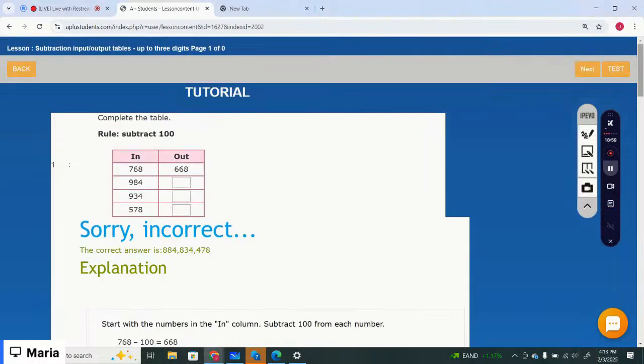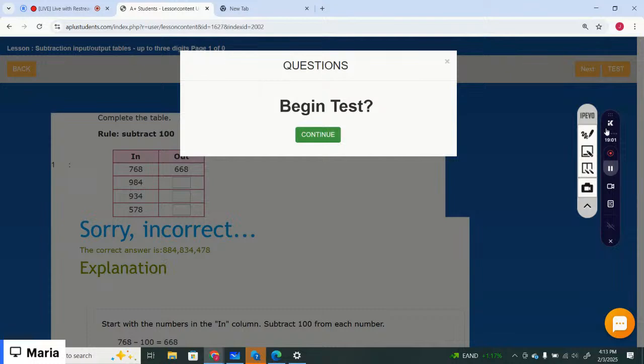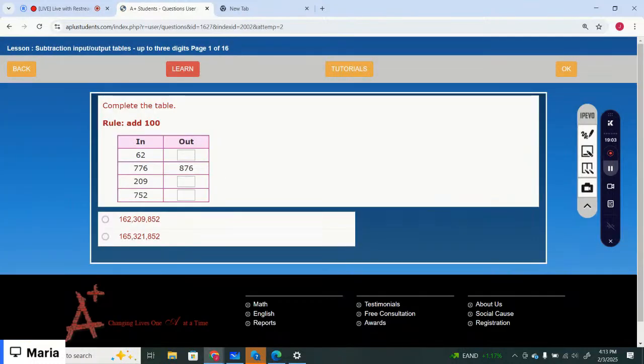Let's just start with the test questions. Complete the table. The rule is add 100. So which option is the correct option?